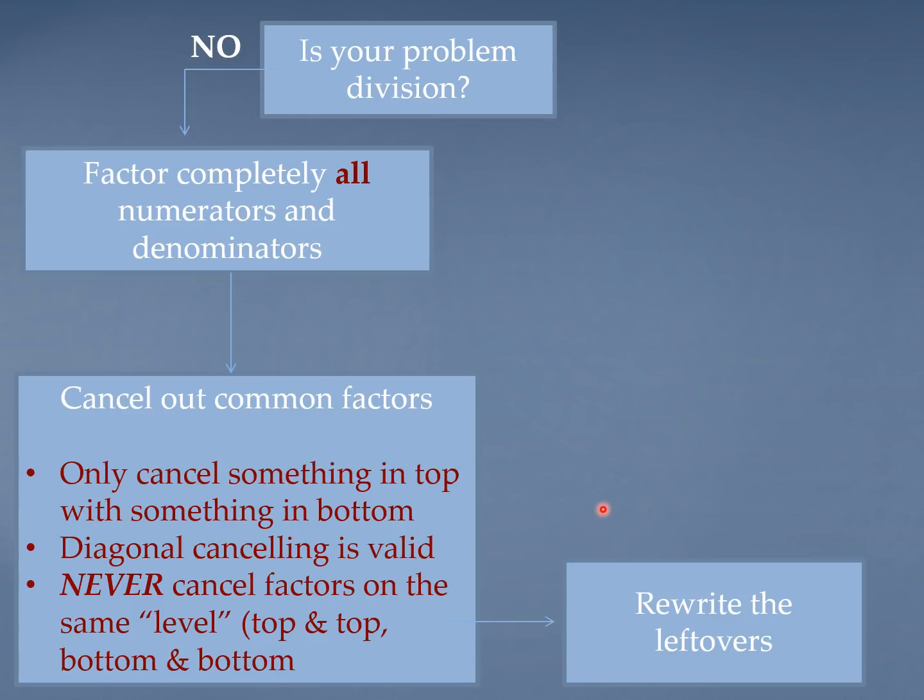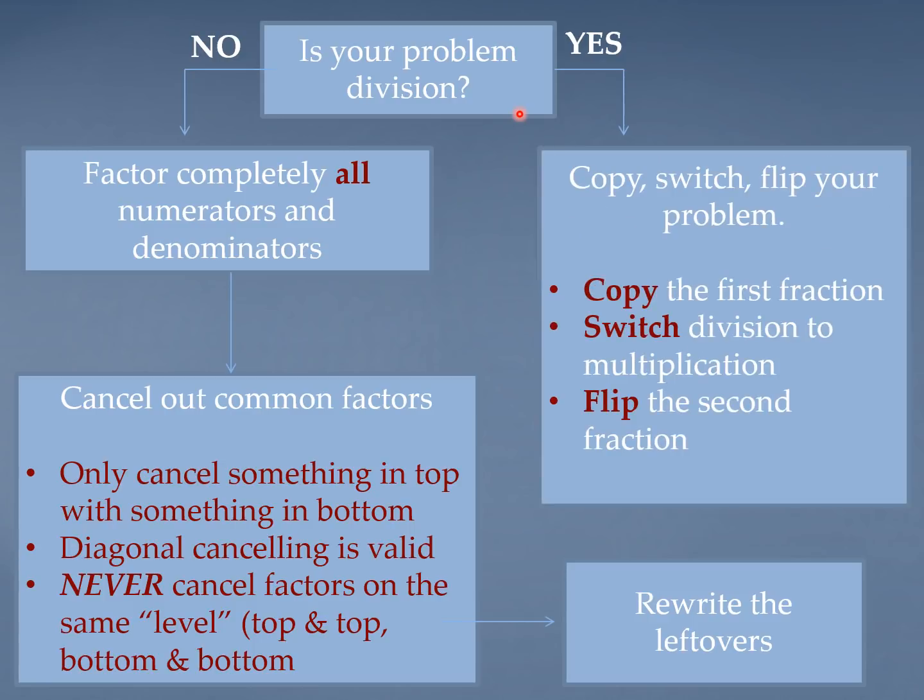What if the problem that you're given is division? You're given a problem, you ask yourself, is this problem division? And you say, yes, it is. Well, division we have to tweak a little bit. And let's look at that tweaking process. So here's how we tweak it. What we're going to do is what I like to call copy, switch, flip. The first fraction, you don't touch.